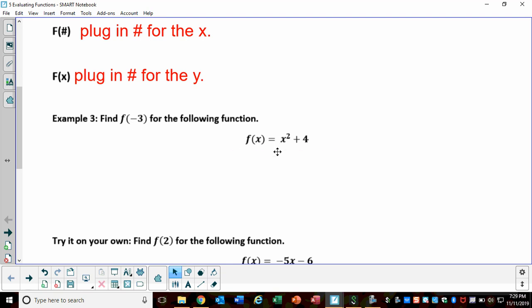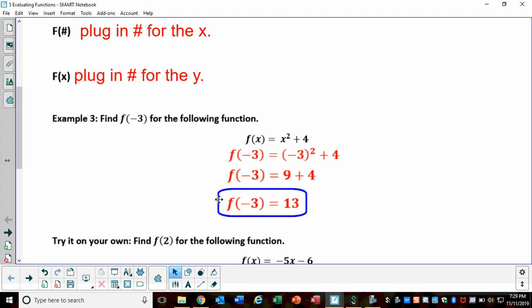So f of negative 3 equals negative 3 squared plus 4. Now I'm going to simplify this. I'm going to do negative 3 squared, and make sure I always plug it in with parentheses. Negative 3 squared gives me 9, and then I do 9 plus 4. So f of negative 3, meaning when x is negative 3, y is 13. And that's my final answer.